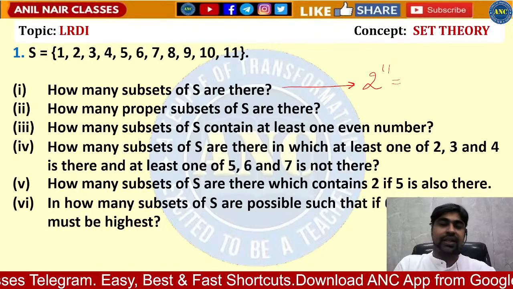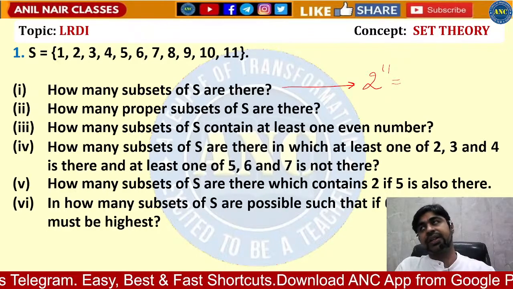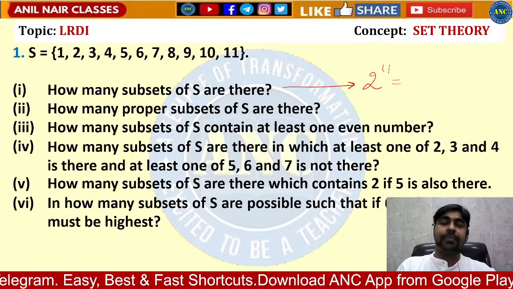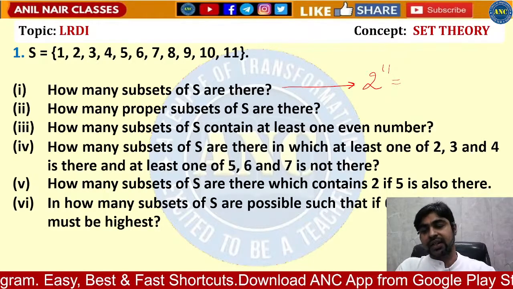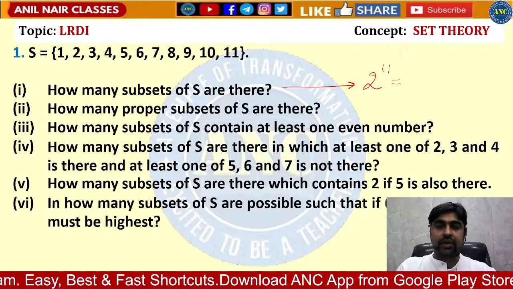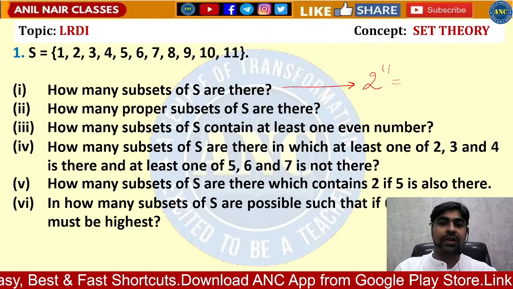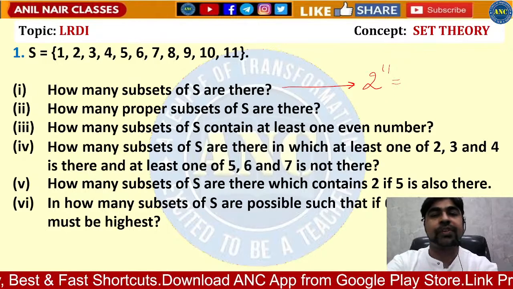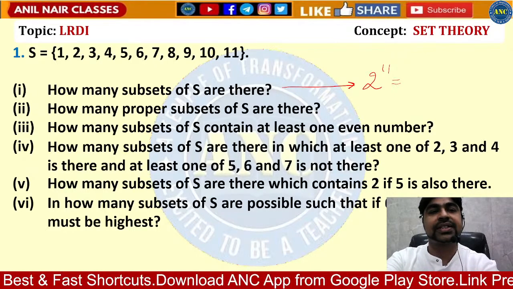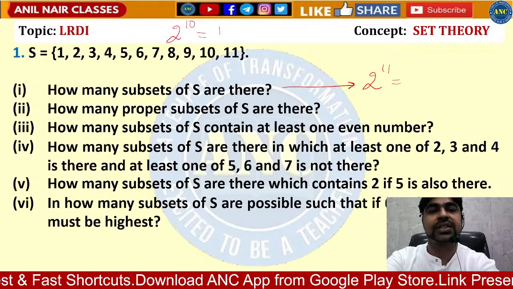One suggestion is that you should remember the powers of 2 till 11 or 12, actually. The best way to know 2 to the power of 11 is that 2 to the power of 10 is 1 GB kind of a thing, right? Because in 1 GB there are 1024 MB.